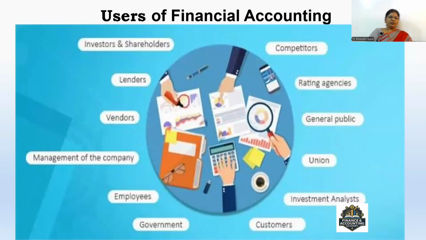Next, the fourth one, board of directors. Who are board of directors? They are elected by shareholders to oversee the company's performance. They use financial reports for governance and accountability. So internal stakeholders are people inside the organization who actively contribute to its daily functions and depend on its success.